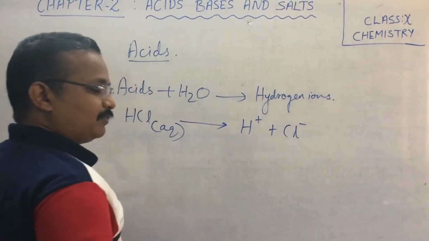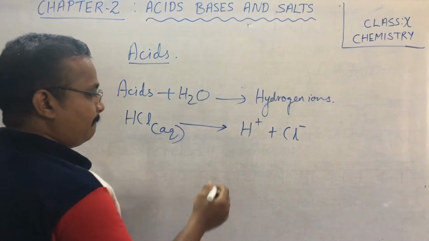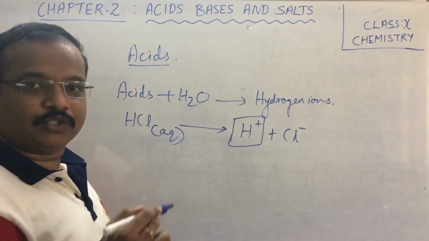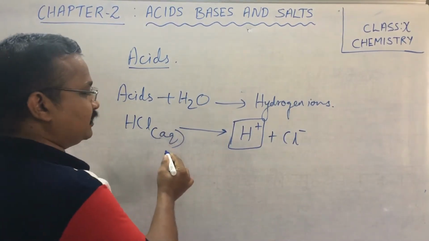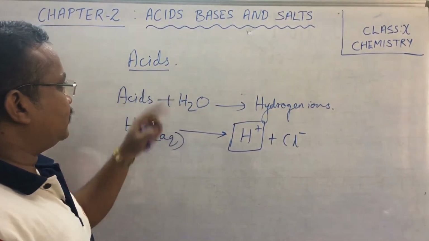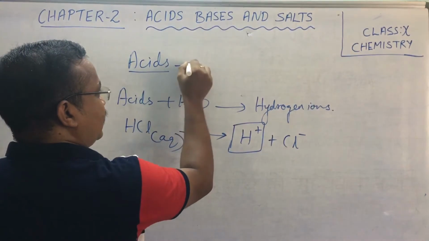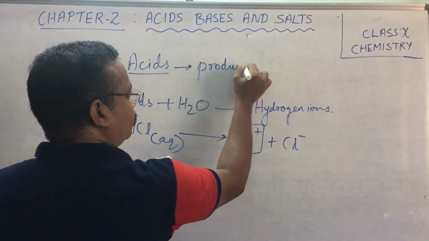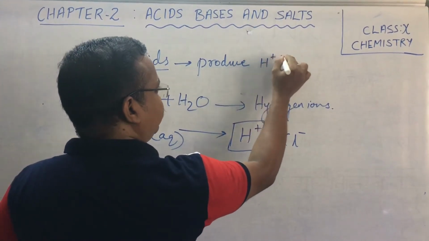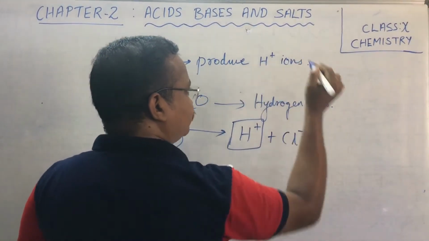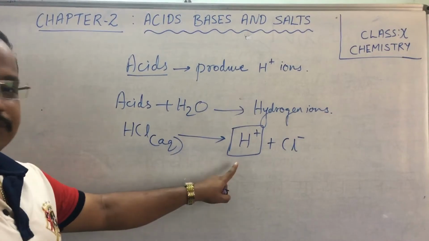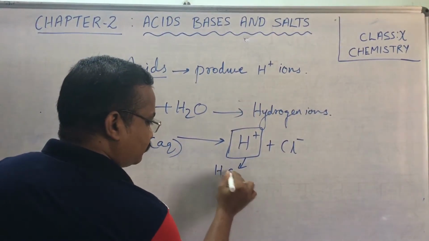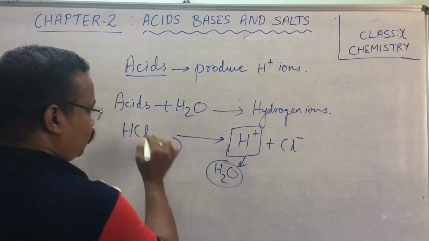If a substance produces H+ ions in solution, that is, in aqueous solutions, they are called acids. So we can write it as: acids are the substances that produce H+ ions, right? And these H+ ions combine with the water molecules present in the aqueous media.